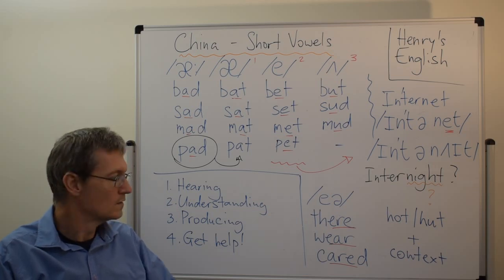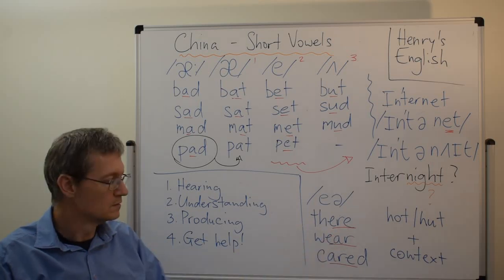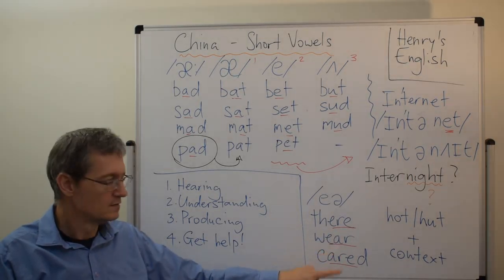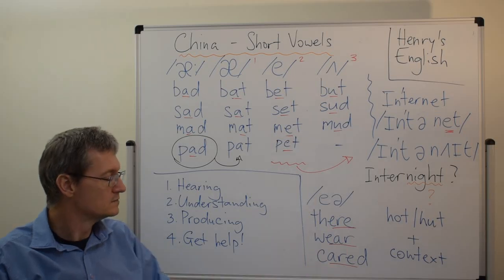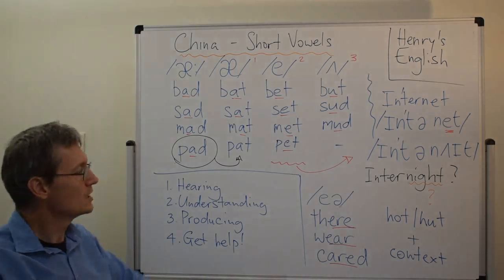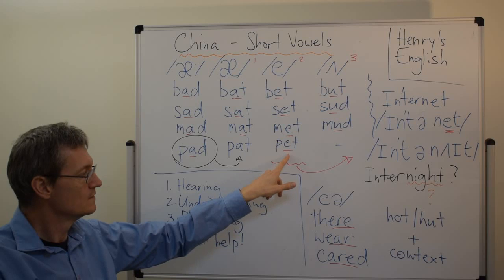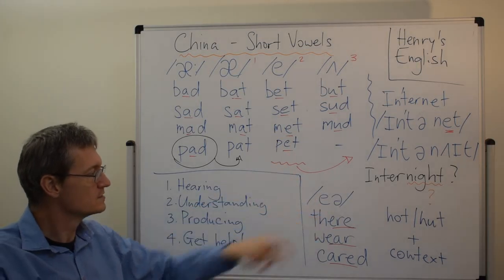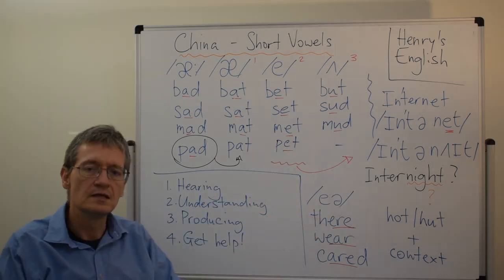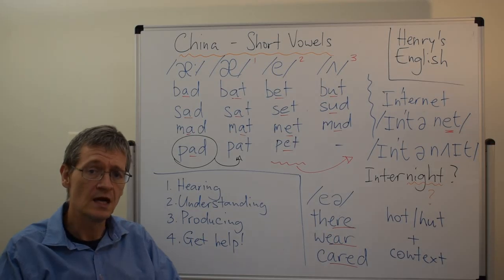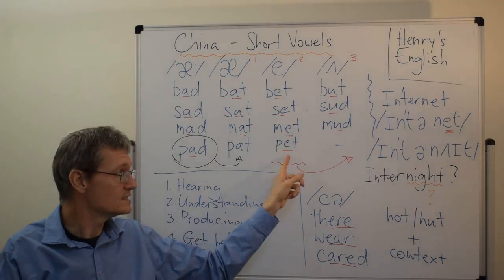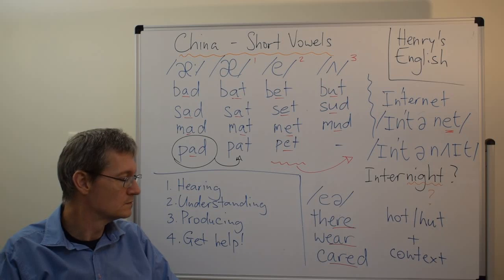It's long. There, where, cared. Now, some Chinese students might get this sound mixed up with this. But once again, it's a simple case of identifying that this is a short vowel sound.